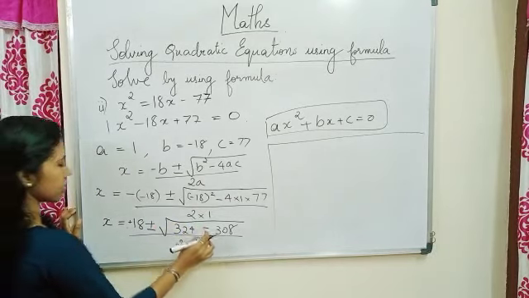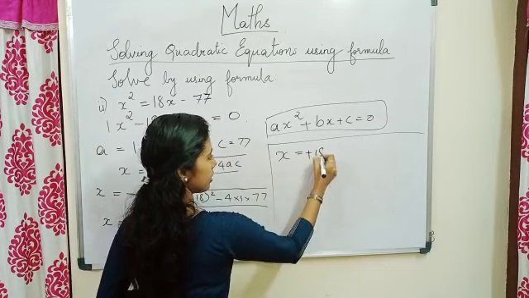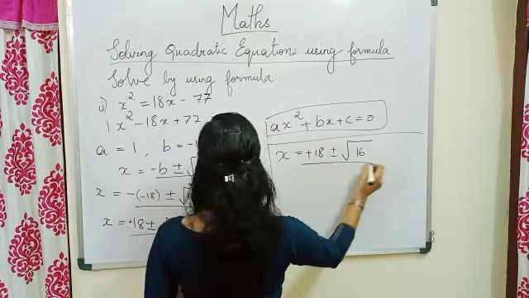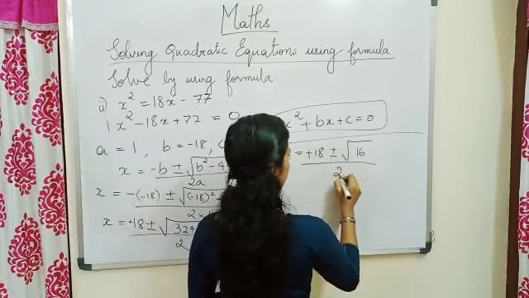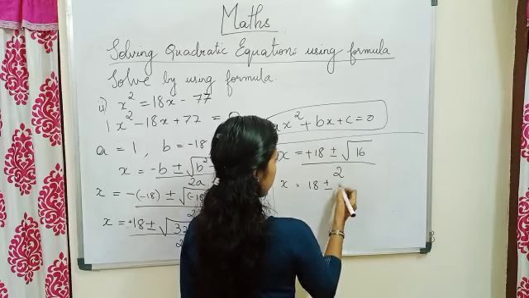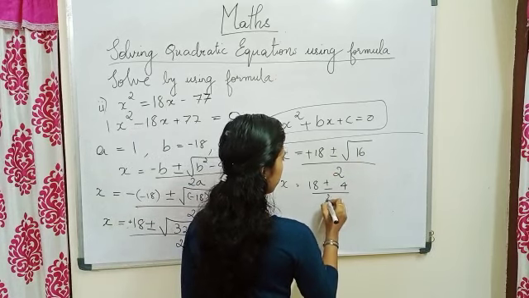Then on subtracting this we get x is equal to plus 18 plus or minus root of 16, that is 324 minus 308 is 16, divided by 2. So x is equal to 18 plus or minus root of 16 is 4, divided by 2.